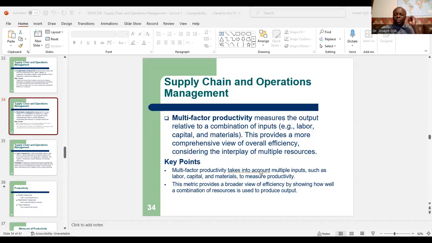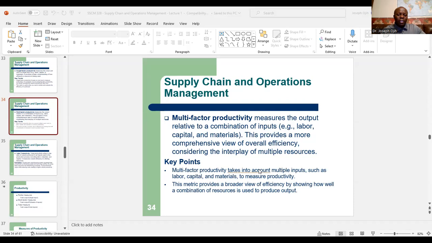In the previous lecture, we discussed productivity. Specifically, we talked about single factor productivity. In this one, we are going to focus on multi-factor productivity. As the name implies, with multi-factor productivity we measure the output relative to a combination of factors or inputs such as labor, capital, and materials.